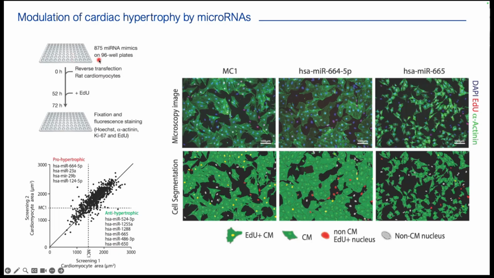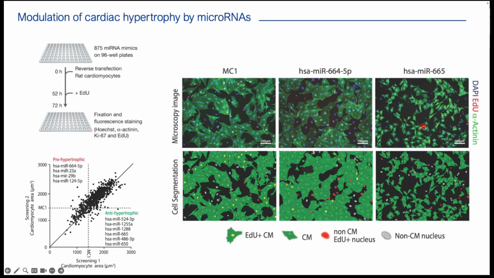So a very simple screening: reverse transfection of the microRNAs into rat cardiomyocytes, waiting 72 hours. We also measured proliferation, it's not here. And then fix the cells, wash the cells, stain the cells, and then look at the size here.